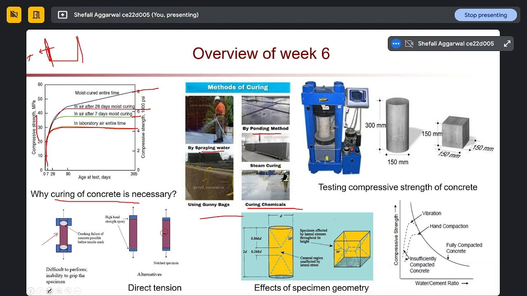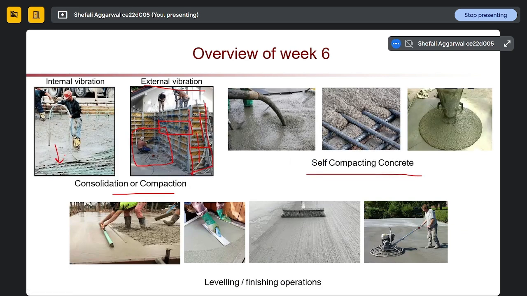So, next thing about cement is the hydration of our cement. This is a normal hydration curve of our cement. What exactly does hydration mean? When we are adding water to cement, the reactions which are happening are called the hydration of cement.